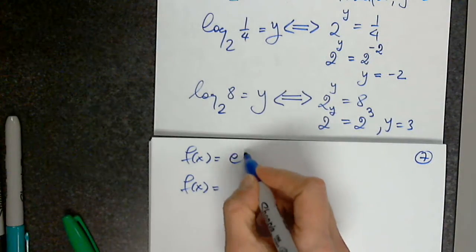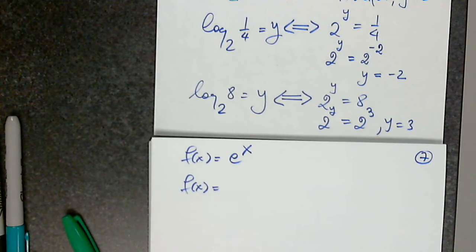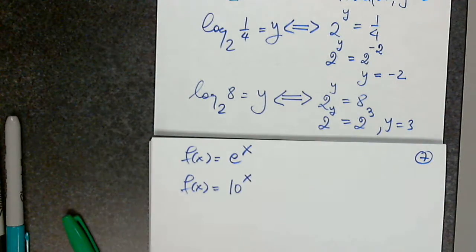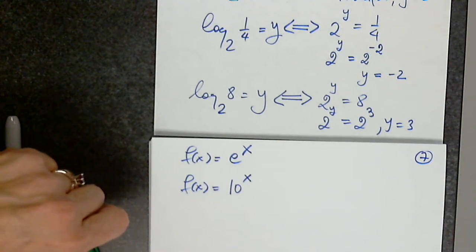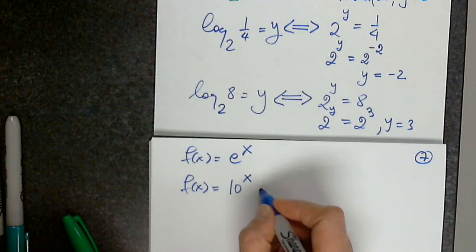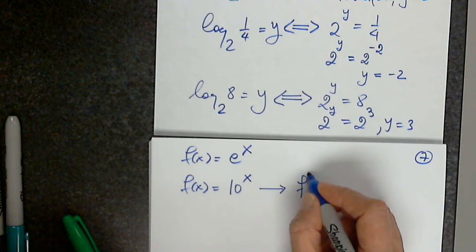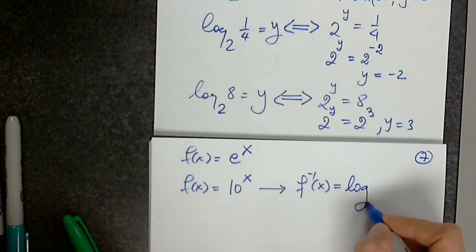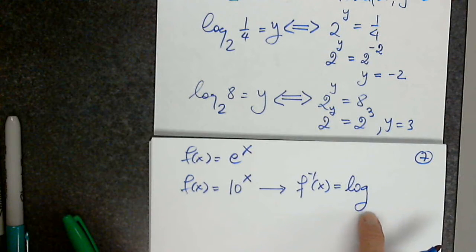Good, which is e to the x. Good. And 10 to the x. Awesome. Okay. They have inverses, and they are log. So this one has the inverse function, this one. No number here.